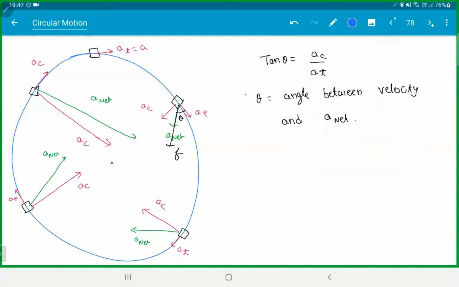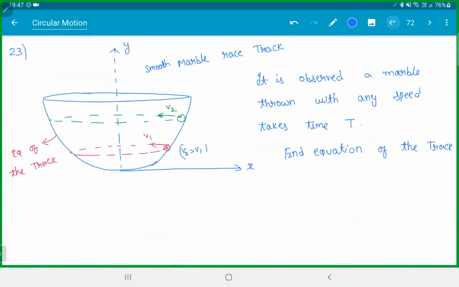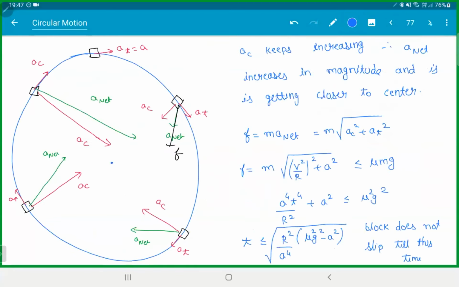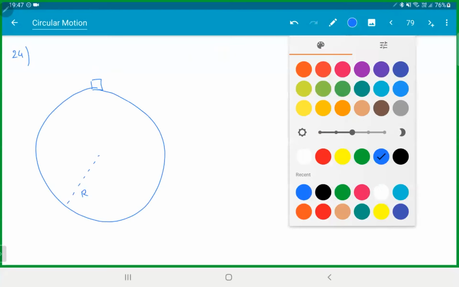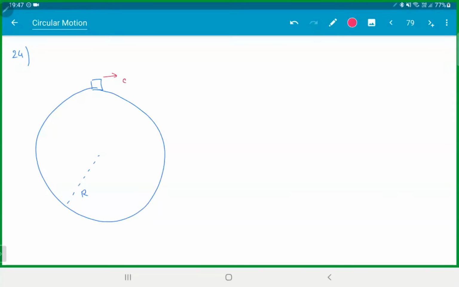Let's see a question. Same thing. So we have a vehicle, mass m, has an acceleration a_t. a_t is equal to t.